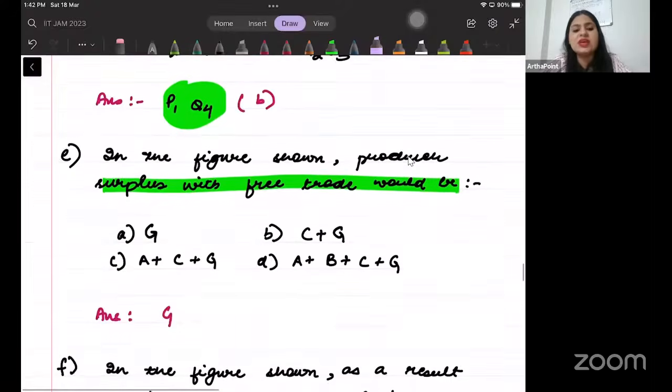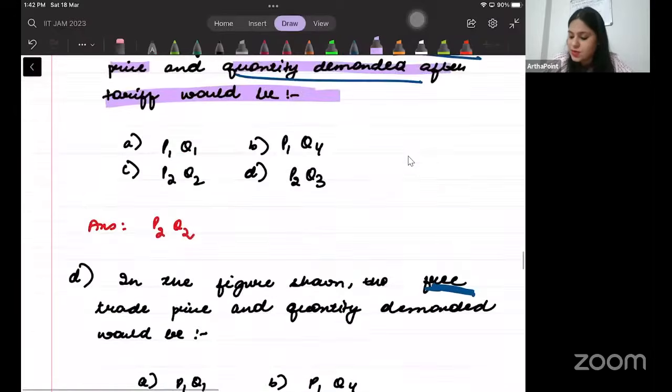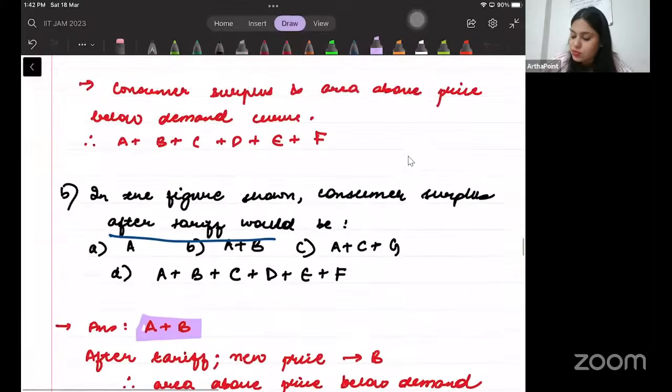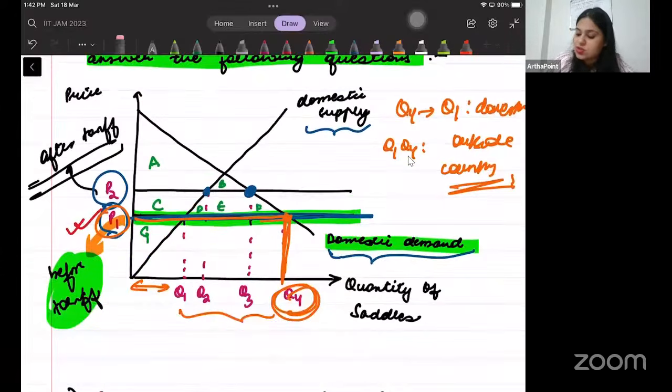And finally it says, in the figure shown below, as a result of tariff, government tariff revenue will be. Tariff revenue is how much tariff is collected: the gap between these two, on the quantity that is imported. Note that after tariff, the price is P2. When the price is P2, the gap between demand and supply is this much.